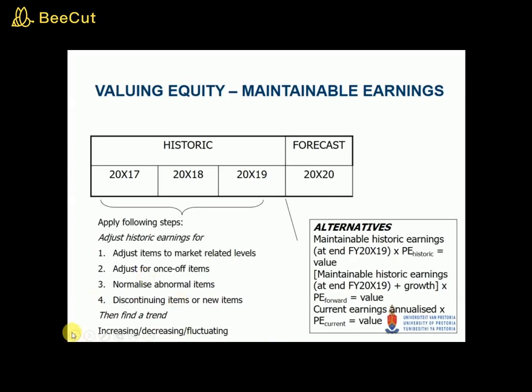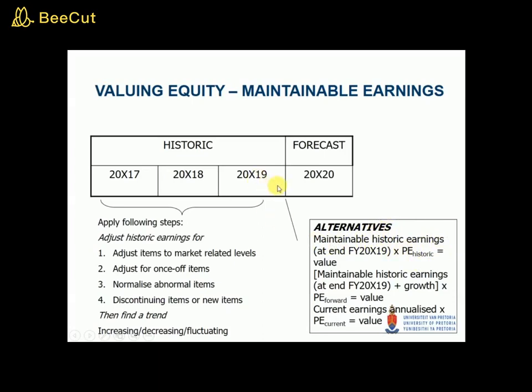But the reason why I want to incorporate this concept into the slide is that I need to make sure that I always use like for like. When I'm using my maintainable earnings, I've got to use a like-for-like maintainable earnings with a like-for-like earnings multiple. So, for instance, when I'm looking at a historical PE ratio, I've got to use a maintainable historical earnings.